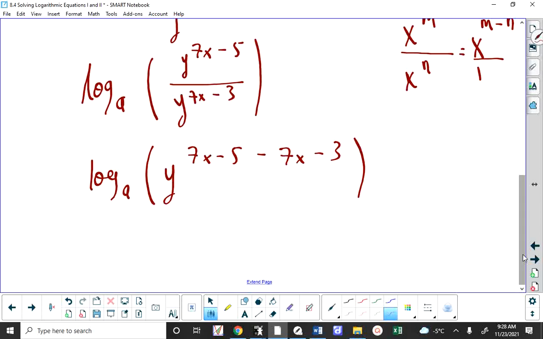We're subtracting 7x minus 3, so you need a set of brackets around there. Anyway, what we get is log base A of y to the, well, 7x minus 7x is 0. Negative 5 minus negative 3 is negative 2. So this is your answer.